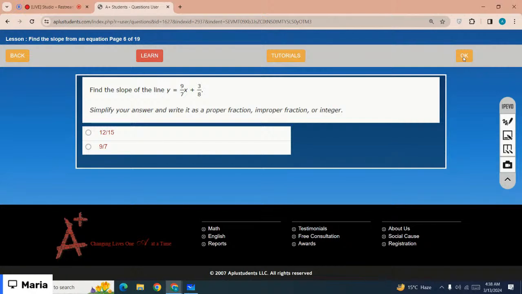Yes, that is 9 over 7. Option number 2 is the correct option. Got it?